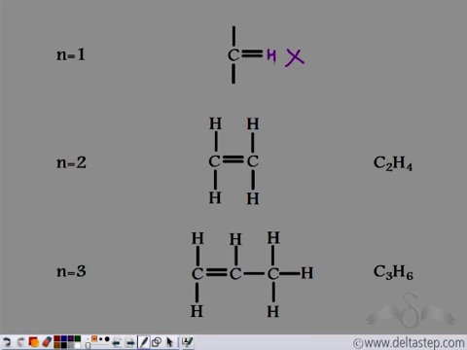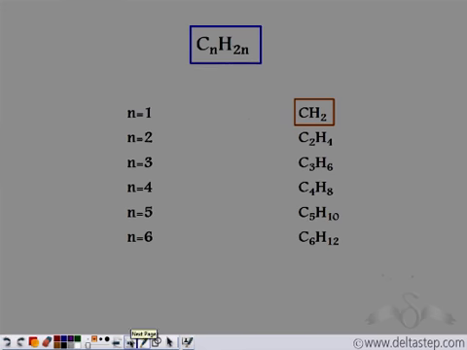Yes, you do. When n is equal to 2, there are 2 carbon atoms and double the number of hydrogen atoms. Similarly, for n equal to 3, there are 3 carbon atoms and double the number of hydrogen atoms. So the general formula of the alkenes is CnH2n. That is, if the number of carbon atoms is n, the number of hydrogen atoms is twice the number of carbon atoms.